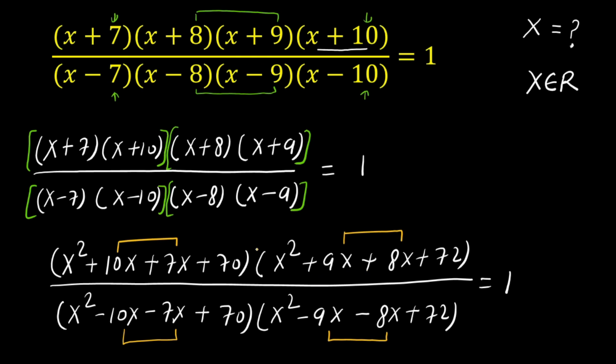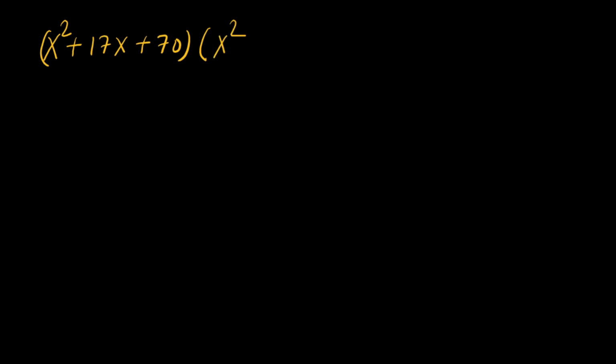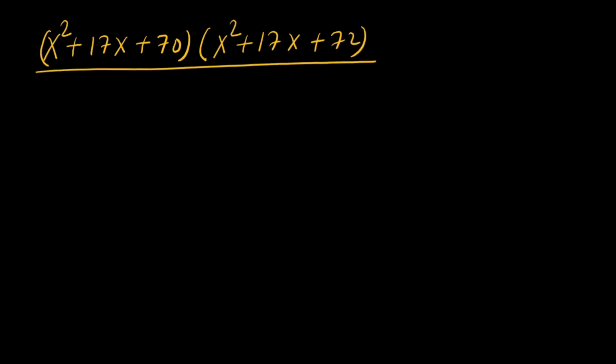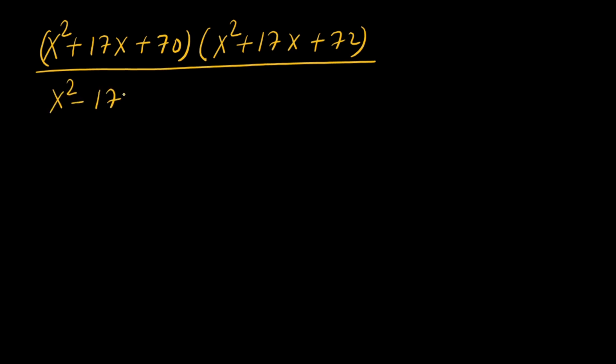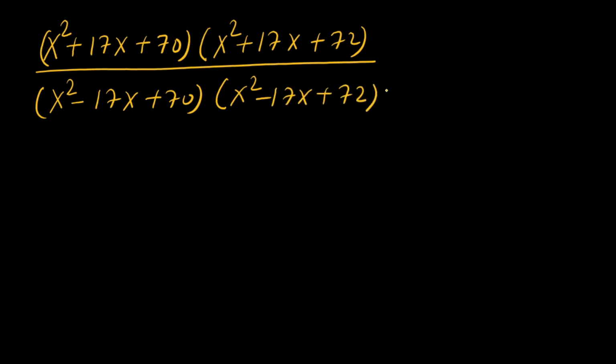So (x square plus 17x plus 70) multiplied by (x square plus 17x plus 72), divided by (x square minus 17x plus 70) multiplied by (x square minus 17x plus 72), and this is equal to 1.